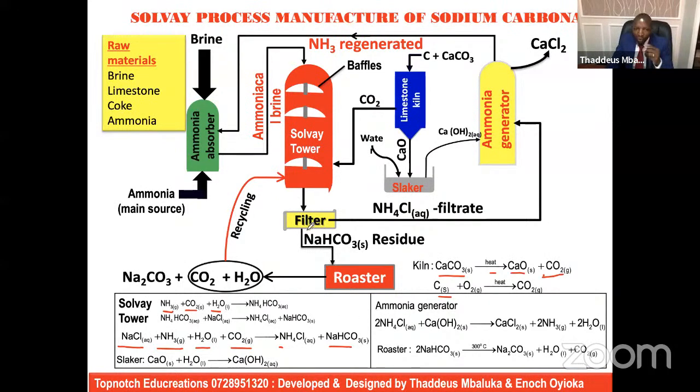So you have a solid and you have a liquid. What do you do? You filter. From here we go to the filter, whereby you have ammonium chloride as the filtrate and sodium hydrogen carbonate as the residue. Remember this process is to manufacture sodium carbonate, not sodium hydrogen carbonate.